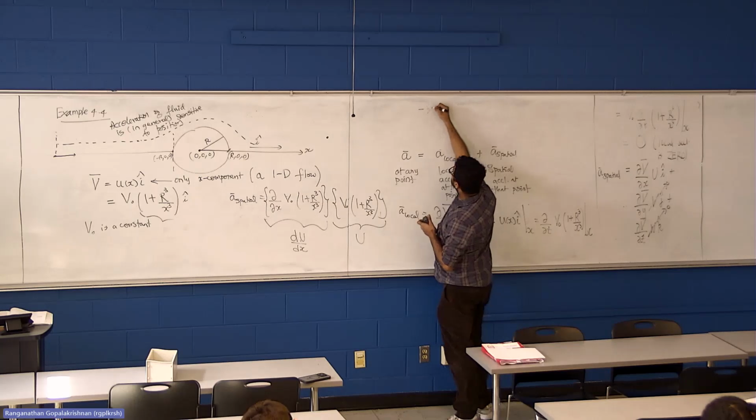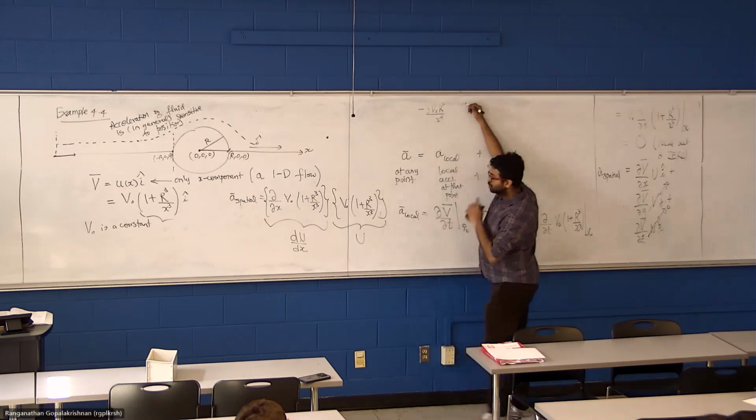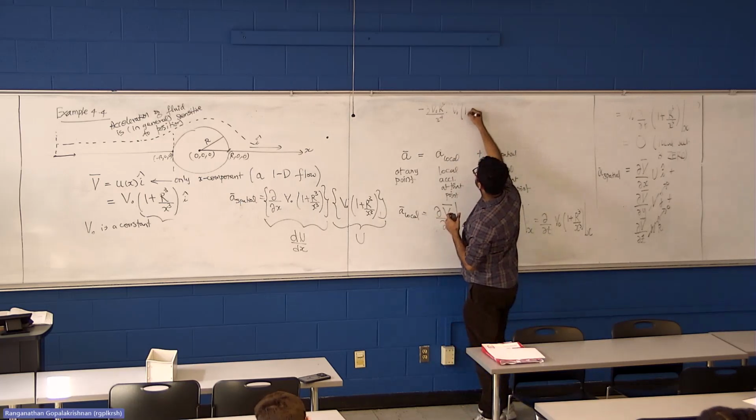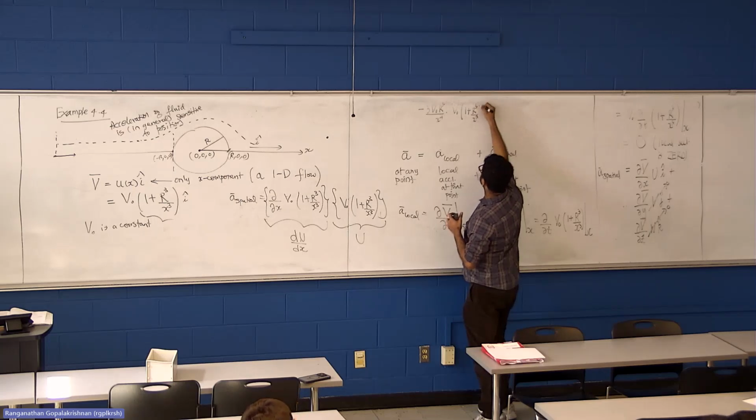So du over dx would be minus 3 v naught r cube over x to the fourth, multiplied by v naught times 1 plus r cube over x cube.